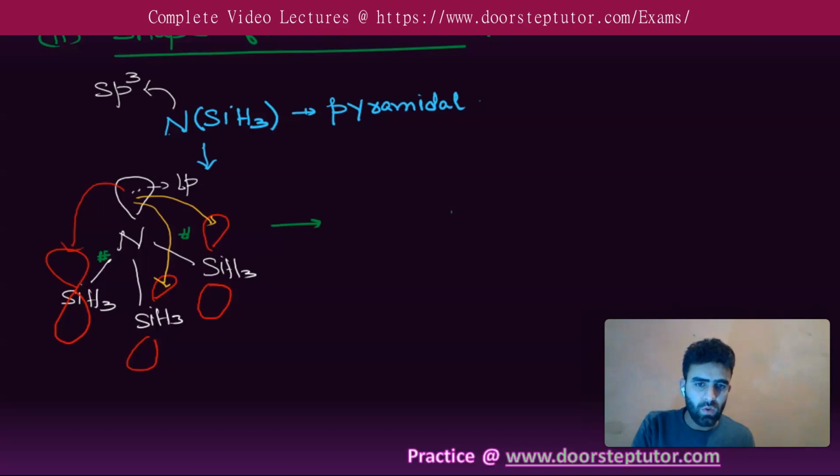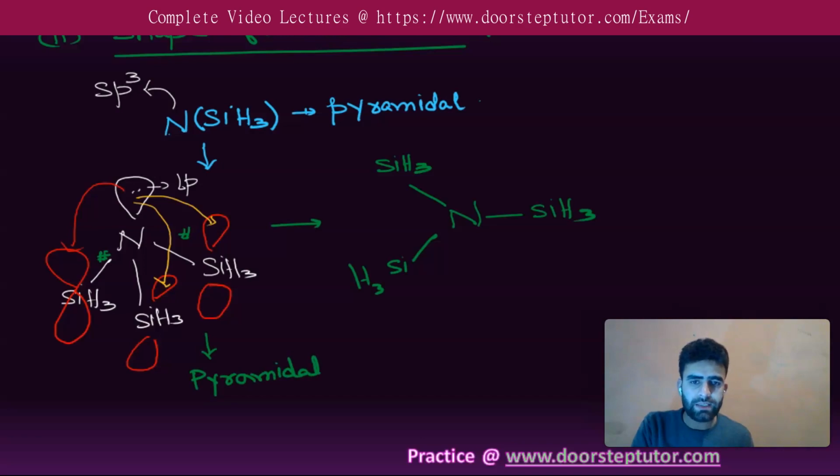So this molecule will have the shape like this. It is silicon here, silicon here, and silicon here. Because of back bonding, initially the shape of this molecule was pyramidal.